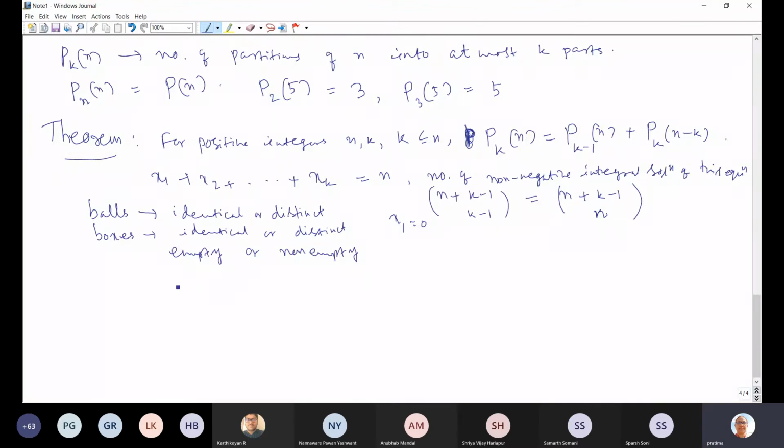Before that, I will ask you one thing. In this equation, we are considering all non-negative integral solutions.